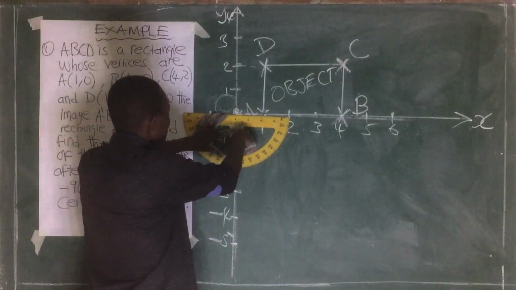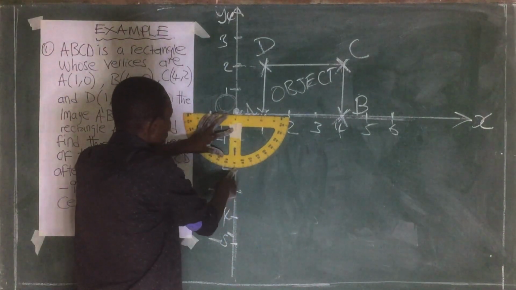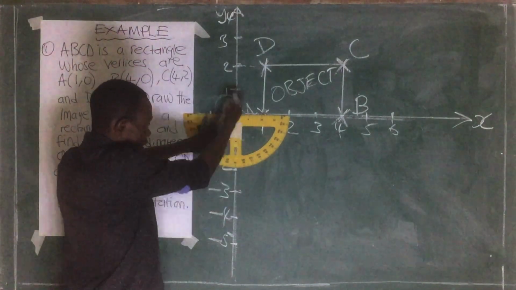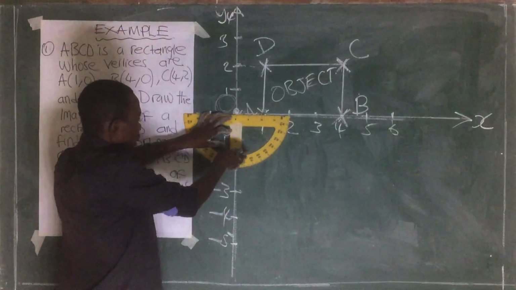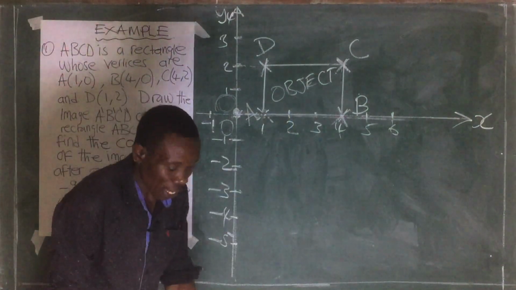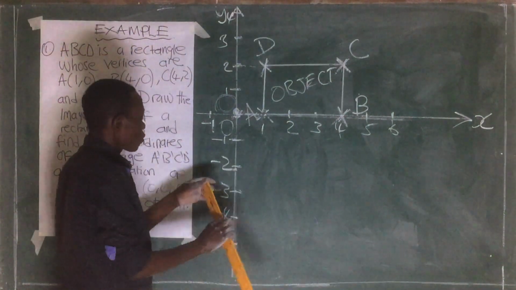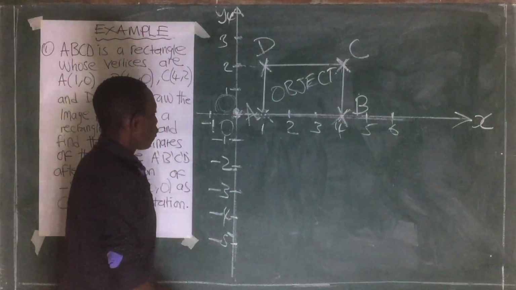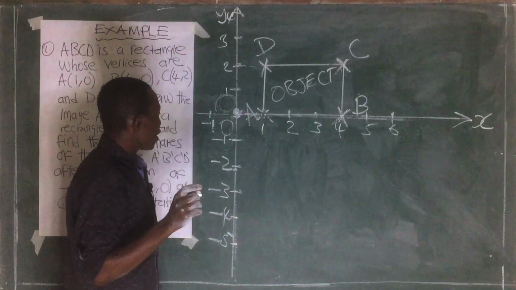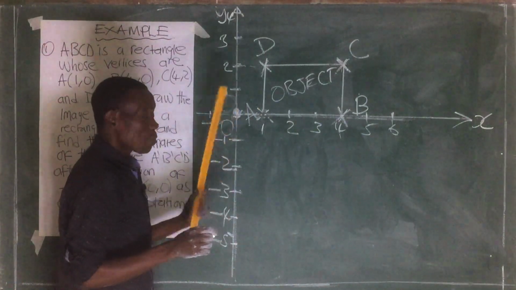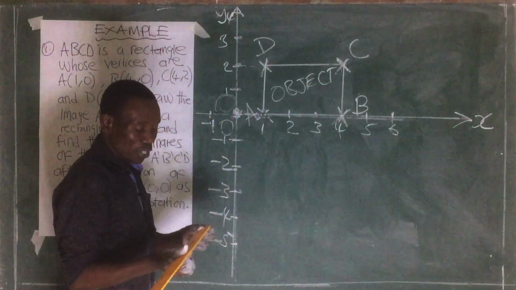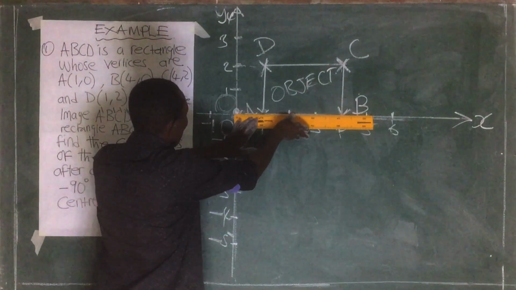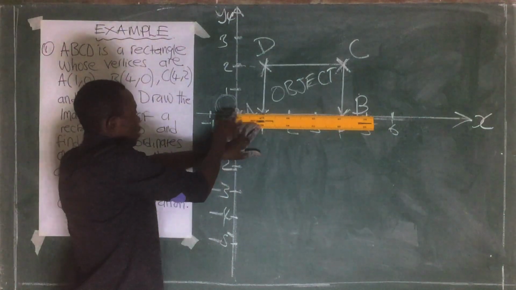Now, what is the position of A within this line of 90 degrees? A is found at a particular distance within that line. As I said, the object distance should be the same as the image distance of those points. So I'll measure the distance from center O to A, which in this case is 2 centimeters.